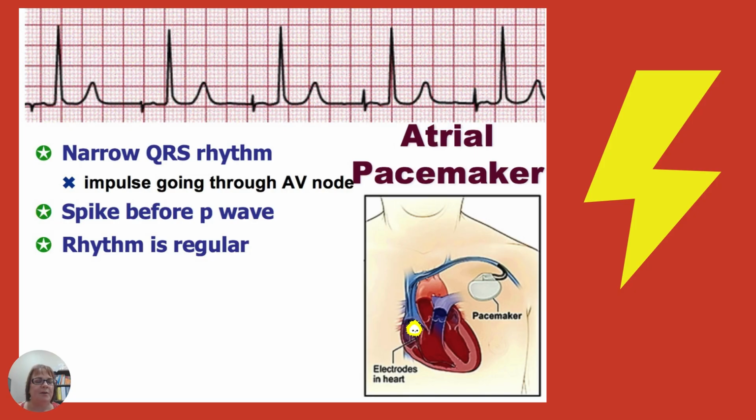Some people might have it paced at 60 beats per minute, different levels. The doctor, your cardiologist, would program it to where you're not symptomatic, because a lot of the people that get pacemakers have bradycardia. It's very slow, and they need something to tell their heart, you've got to keep this rate and rhythm up.